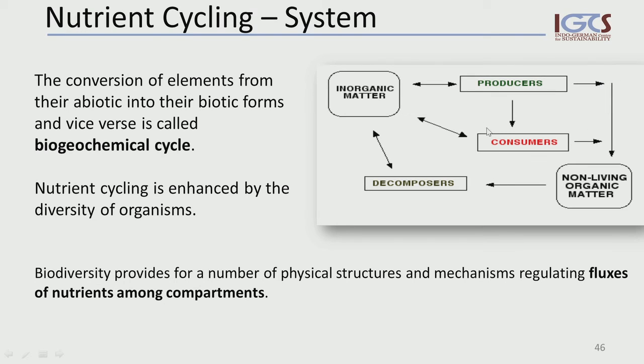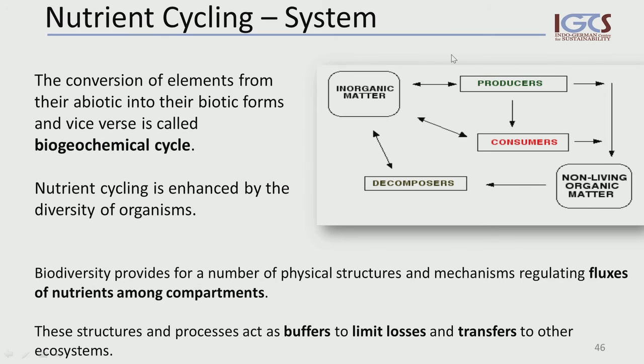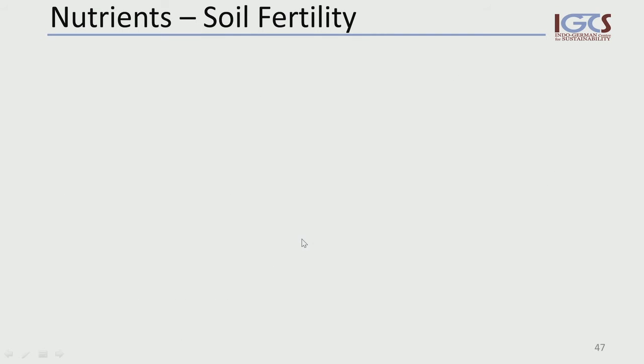So the richer the biodiversity here is, the more efficient this connection can work. These structures and processes act as buffers in between, and they limit losses and transfers to other ecosystems. So this is a very important connection.